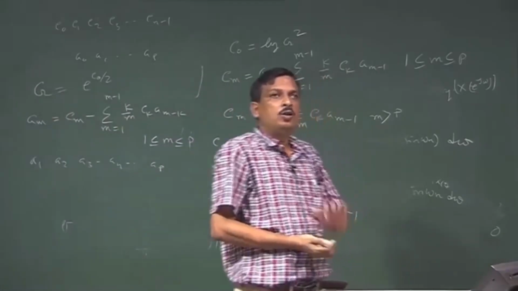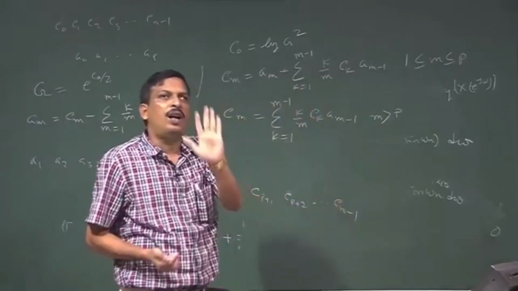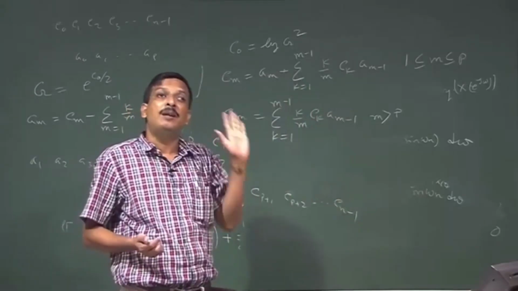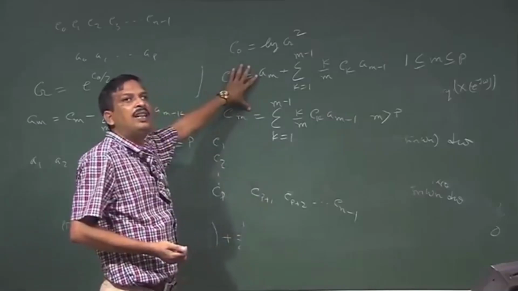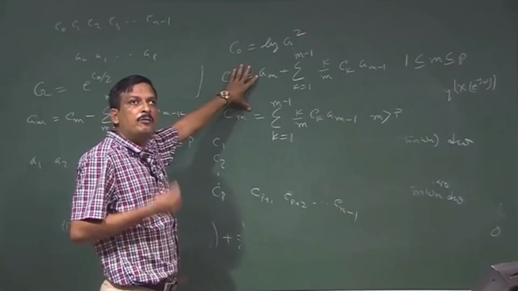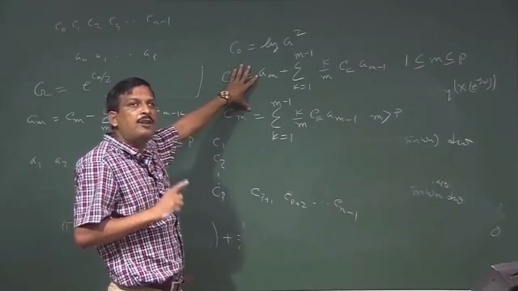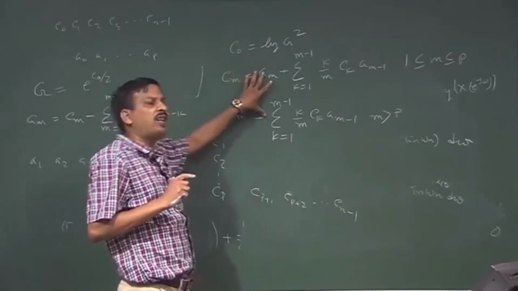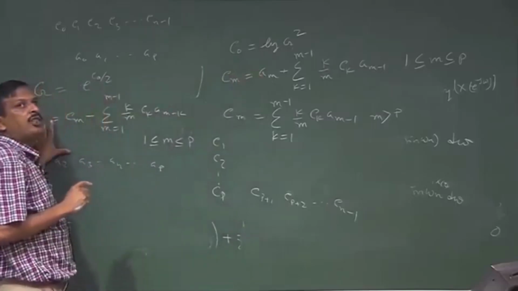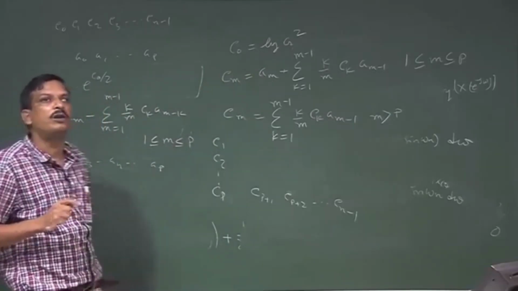Okay. So, if I calculate the Cepstral coefficient from the LPC spectrum using these three formulas, I get the Cepstral coefficient from the LPC spectrum, the LPC Cepstral coefficient. If I know the Cepstral coefficient, I can calculate the LPC coefficient using this formula.